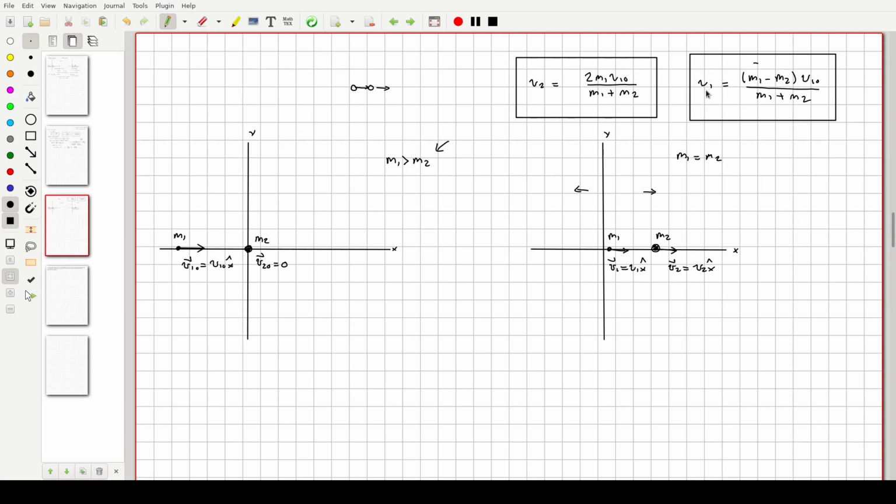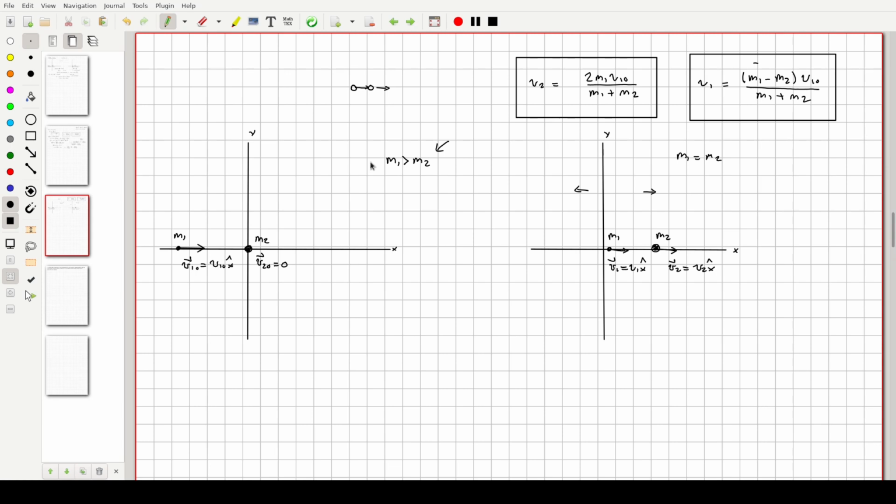So object 1 stops and object 2 continues away at the same velocity that object 1 had. Like I said, they switch places. As long as you're aware of the conditions under which we derived this, you can work with it, so you know what to expect when you have a large M2, or a large M1, or the masses are the same.